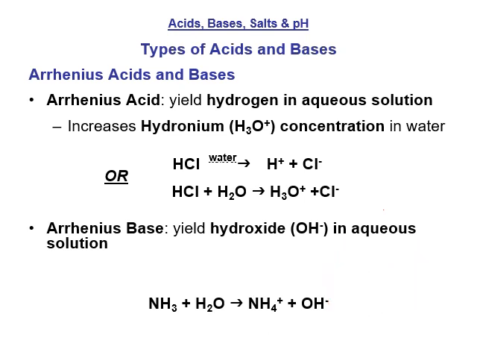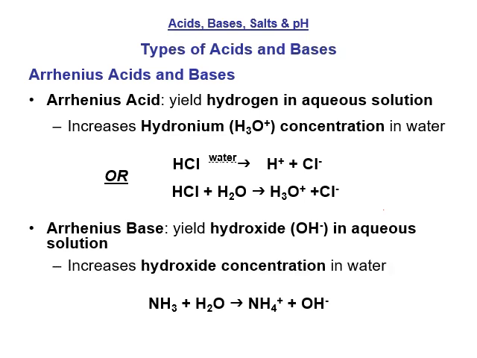And that's why they describe ammonia as being basic when you put it in water. So it's going to either yield hydroxide in aqueous solution, or it can increase the hydroxide concentration in the water. One or the other. In general, when you're looking at Arrhenius acids and bases, Arrhenius acids are going to have something to do with hydrogen. Arrhenius bases are going to have something to do with hydroxide.